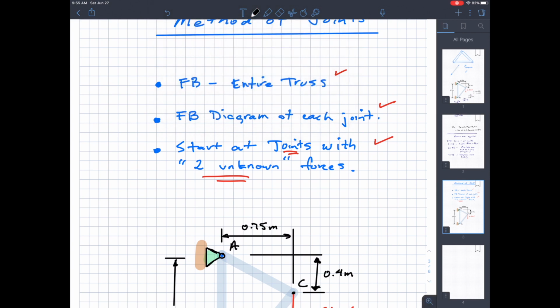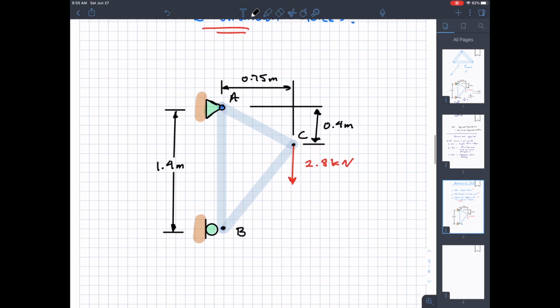In this specific example, I have a truss supported with a roller and a pin. There's some additional theory behind analyzing trusses about when you can analyze a truss, and what situation is set up so that it's even possible.